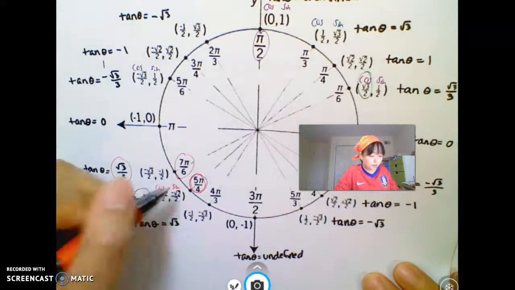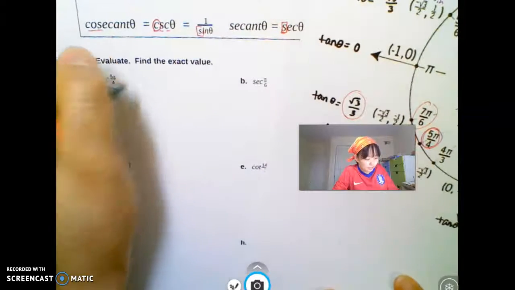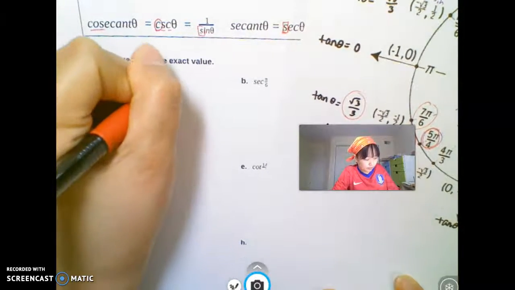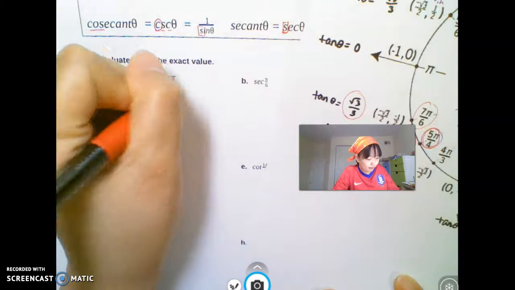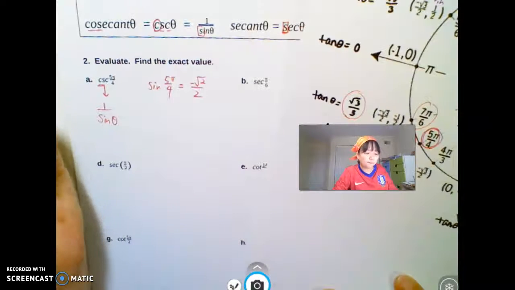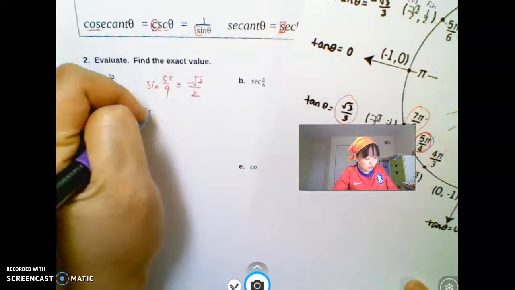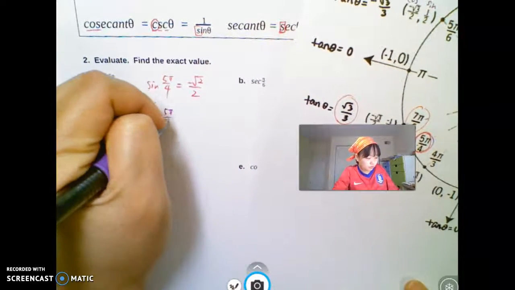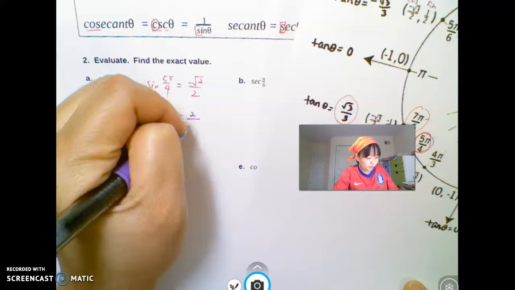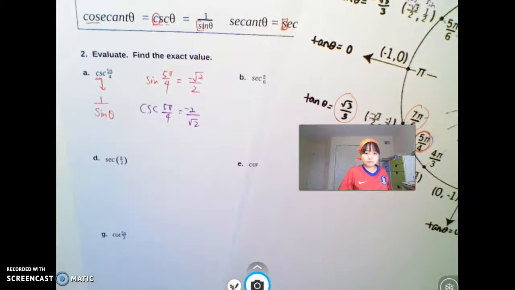Sine at 5 pi over 4 is actually negative root 2 over 2. But if it's cosecant, you just have to flip that around. So all we're going to do is flip, done. That's it.